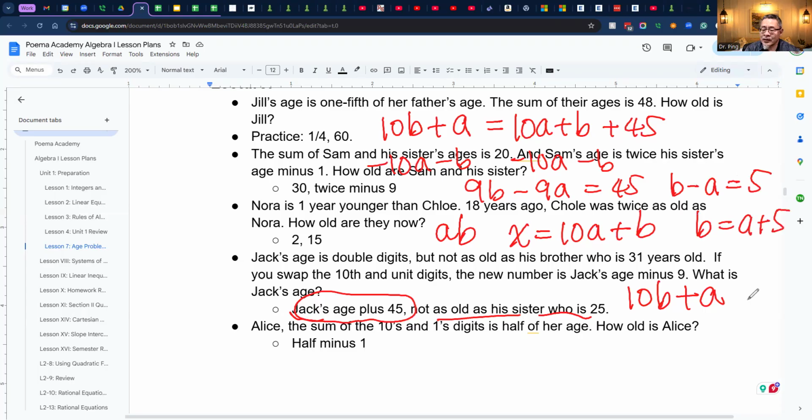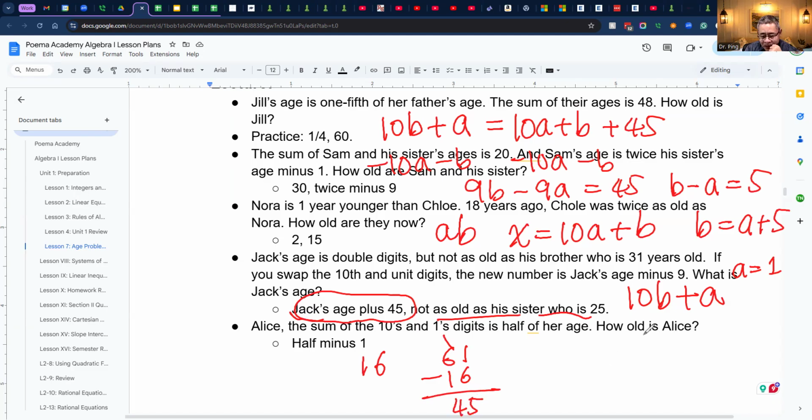Okay, now let's see what we have. If A is 1, then B will be 6, so 16. Flip it, 61. 61 minus 16 is indeed 45, so that works.